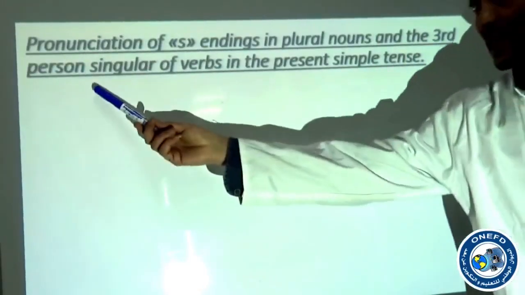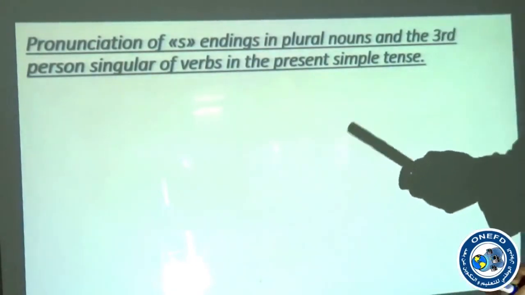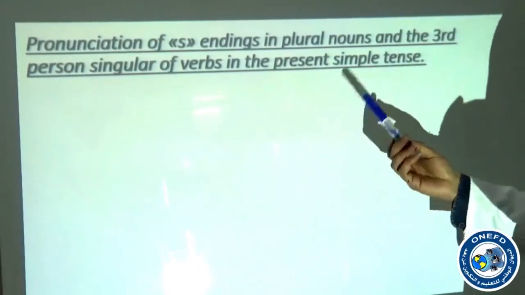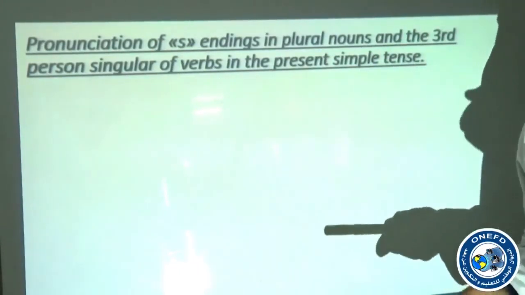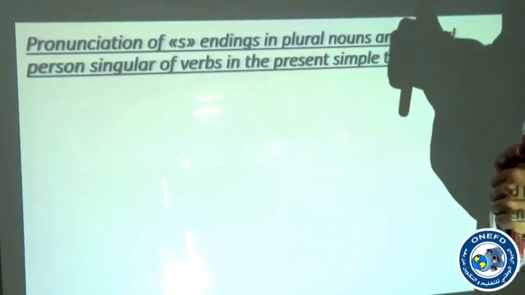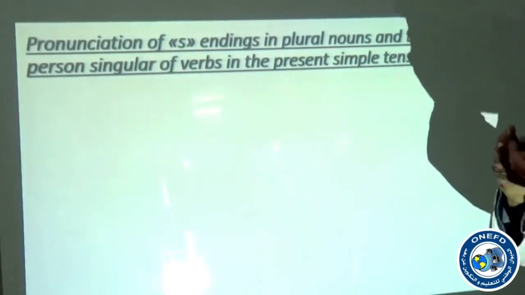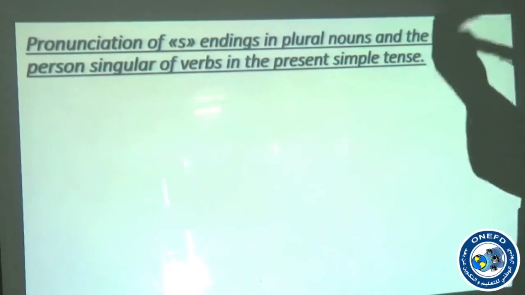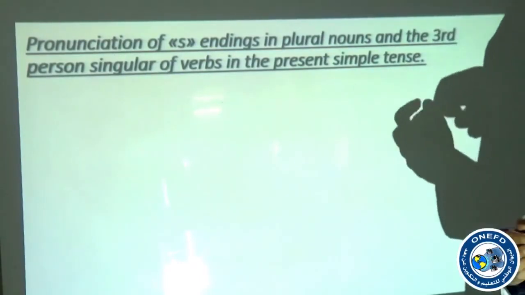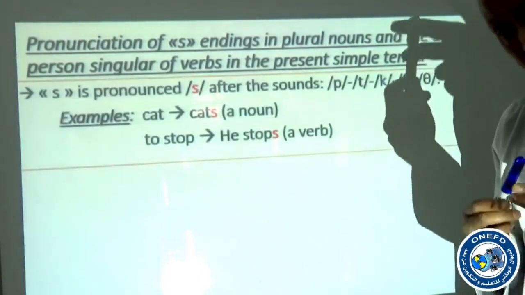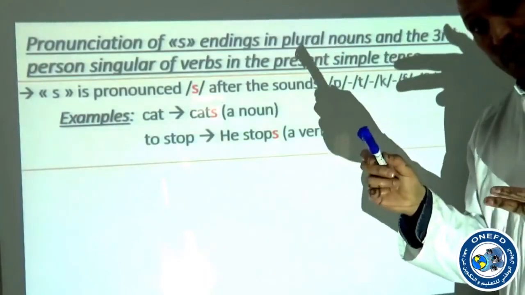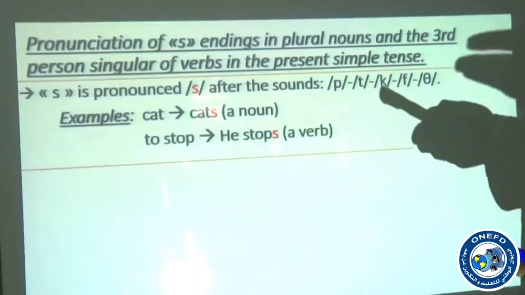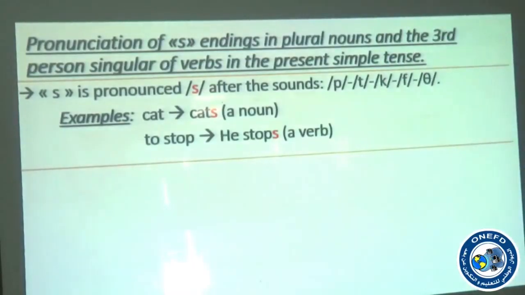And the third person singular, as you studied in the present simple tense, are the personal pronouns he, she, and it, plus verb plus S. In this case, we're going to see them.